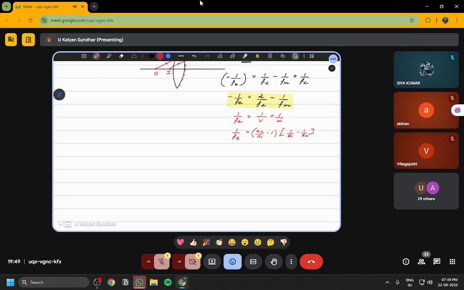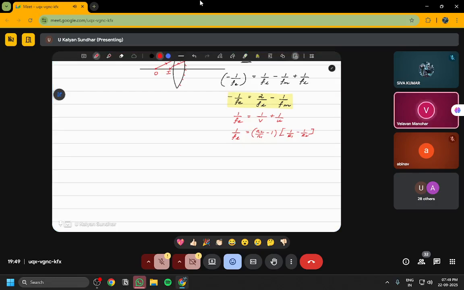Any doubts here, sir? Yes, sir. So we can do the same for concave also, sir. Yes, sir. Even if you are considering the concave, the only assumption is that we are taking a point object. All these angles are small, so it is applicable for both convex as well as concave. Sir, but if it is concave, f will be negative, right? We should not substitute minus for 1/FE? But ultimately it forms as a mirror for you.